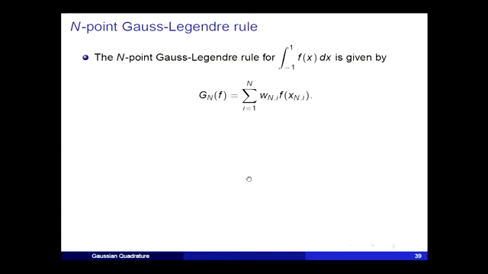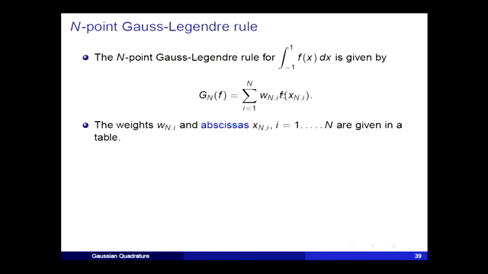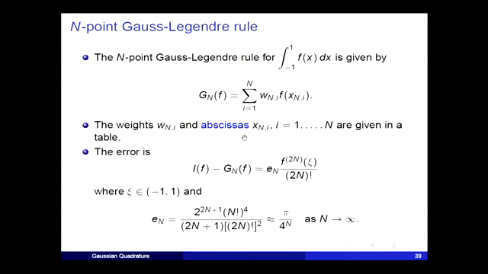So now in general, you can have an n-point Gauss-Legendre rule, yeah? And the quadrature points can have a different name. They call them abscissas. And then the error will be of this form.